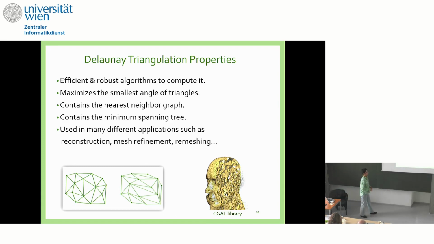Another interesting property, and it's where I want to start this study, is the one that is highlighted here. It contains the nearest neighbor graph and also contains the minimum spanning tree, in the sense that if you fix the set of points that you have in the beginning, you will be able to find all the interesting graphs that you would need already in the Delaunay triangulation. By paying the price of computing the Delaunay triangulation, you will be able to just retrieve all the interesting connections between dots in this setting.